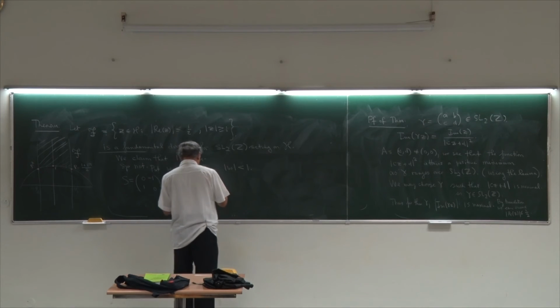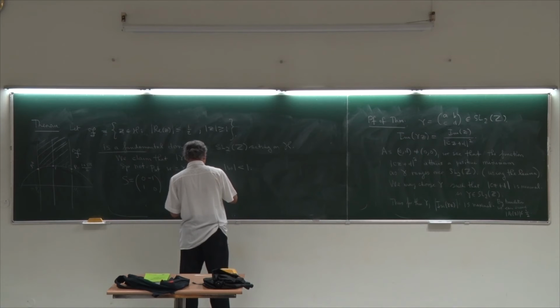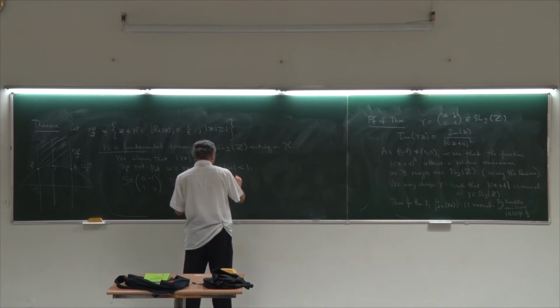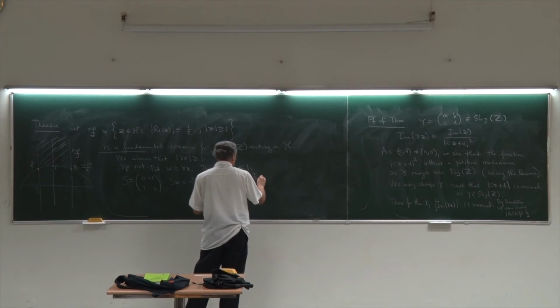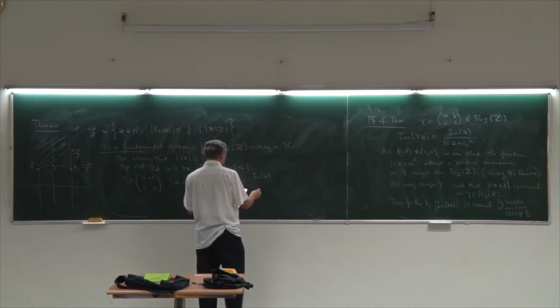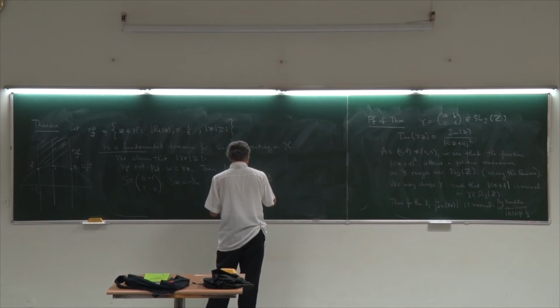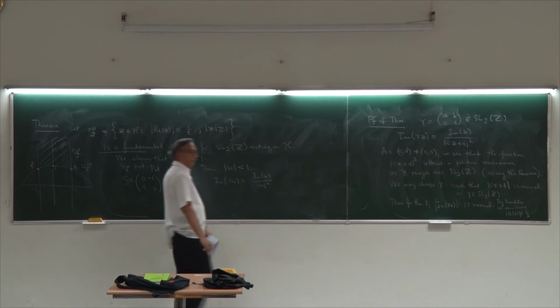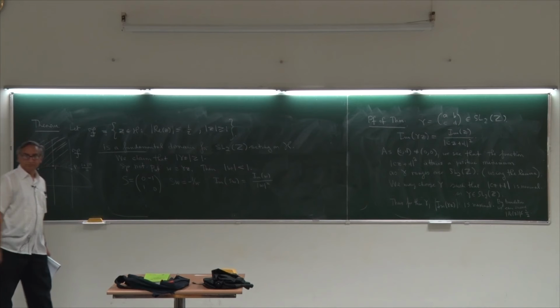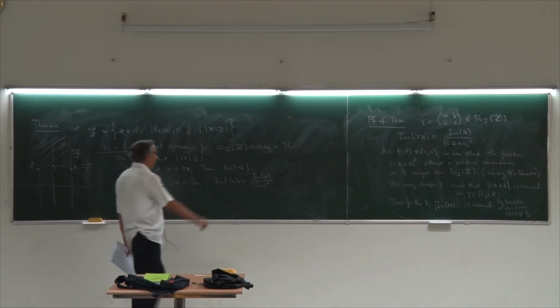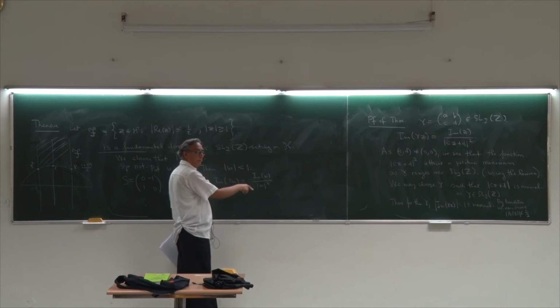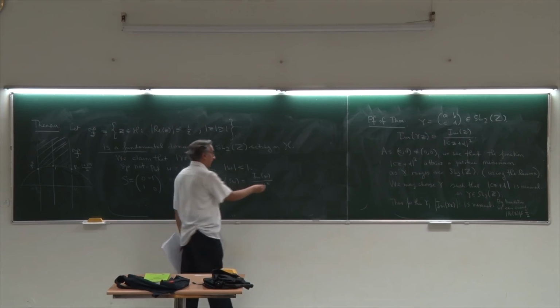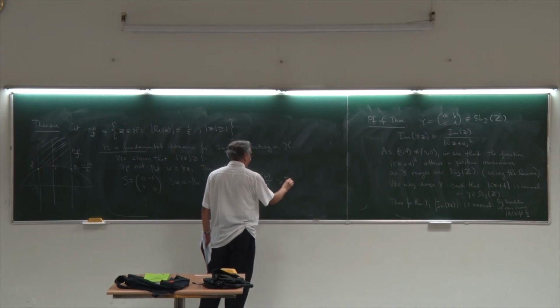But the imaginary part of Sw is the imaginary part of w divided by mod w squared, by our usual calculation. But mod w is less than 1, so 1 over mod w squared is bigger than 1.